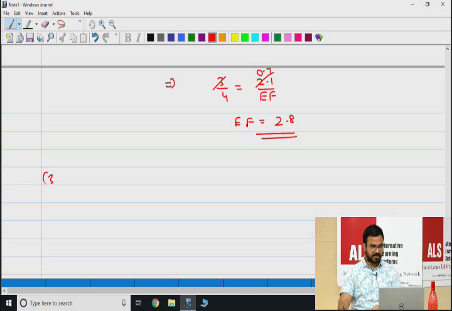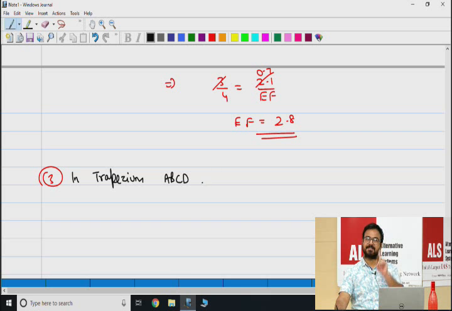Okay, try this third one. Just the last question, then we will take a break, Kohima. In trapezium ABCD, Kohima, you have to give the answer. You have not given any answer and have just given your response for the break.